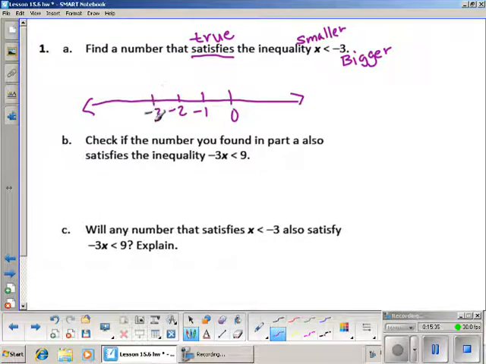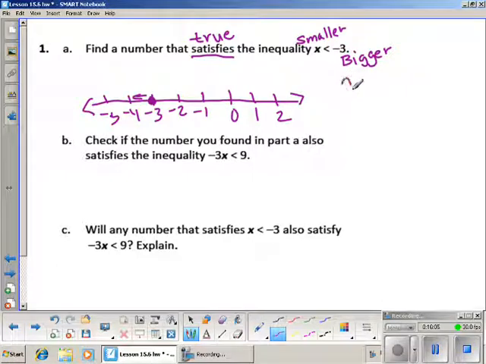So let's find out where x is -3. Okay, that's right here, right guys? X is -3 right here. So if I want smaller numbers, do I need to look to the left or the right? Yep, you got it. I got to look this way. Okay, so what kind of numbers are less than -3? Well, x could be -4, right?